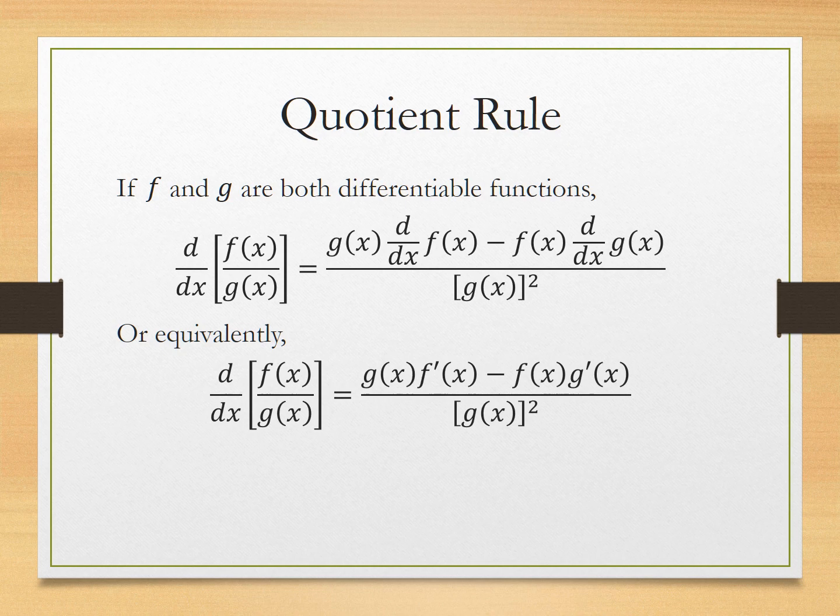It's hard to remember because this time around you can't get the order wrong. g(x) must come first. The denominator must come first, and you have to do the derivative of the numerator first. The order cannot be wrong. It's just something you memorize.